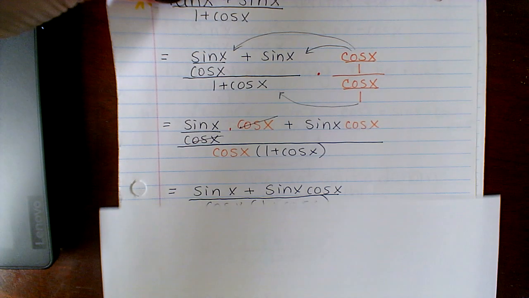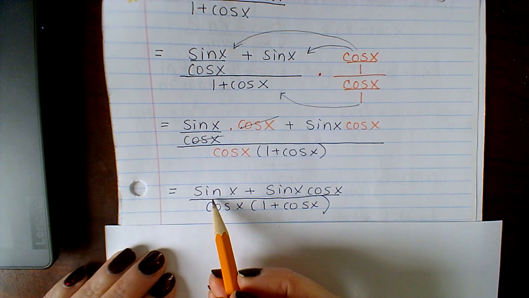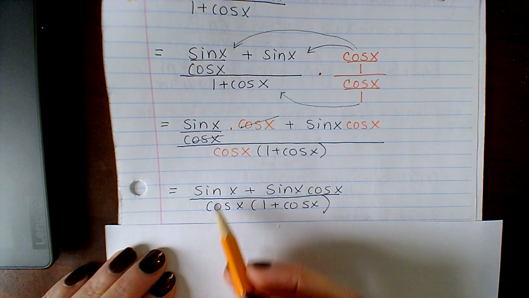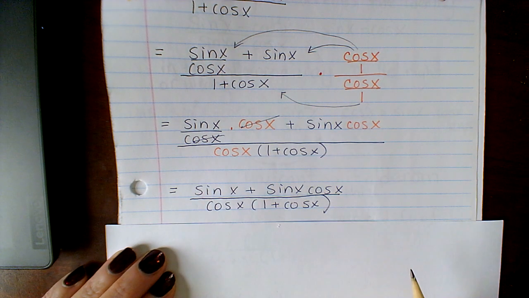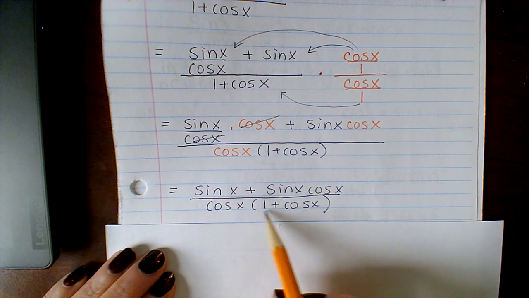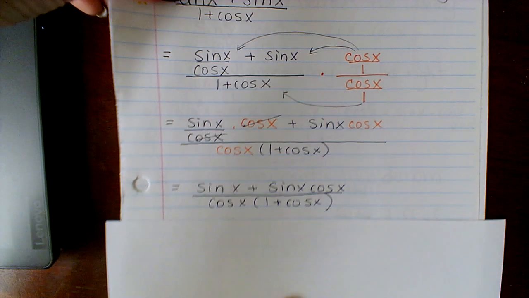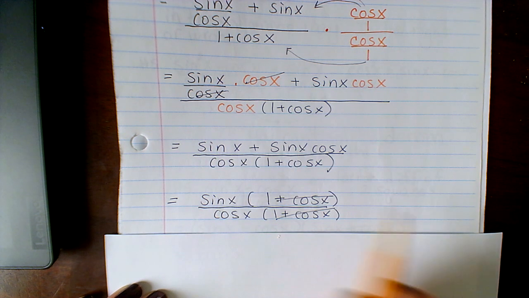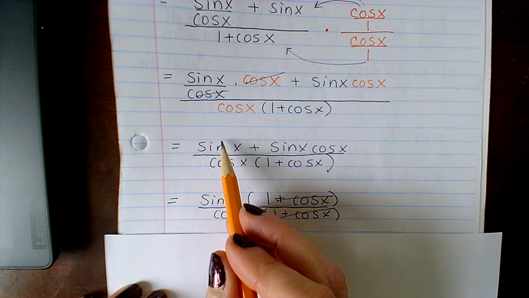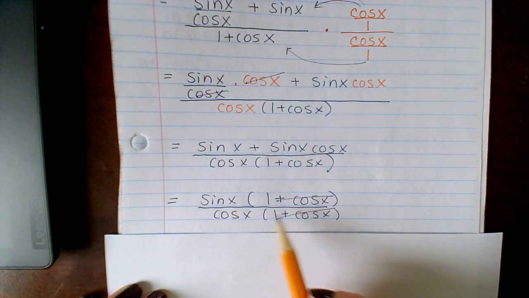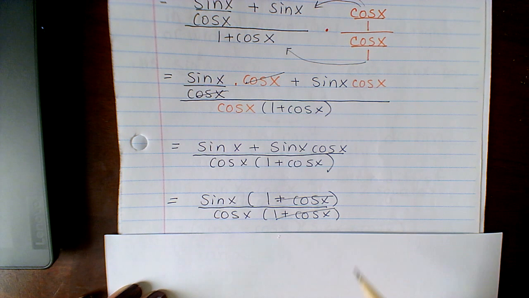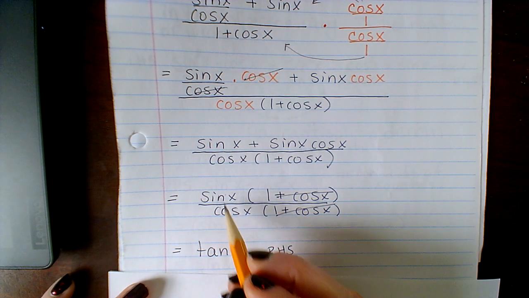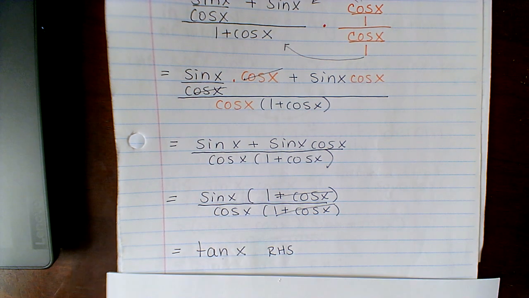Those cosines cancel, and I get sine plus sine cosine over cosine times 1 plus cosine x. I did not multiply this out on purpose. You're about to see why. If I factor a sine x from the top, I get sine x and then 1 plus cosine x. Those 1 plus cosine x's cancel, leaving me with sine over cosine, which is just tangent.